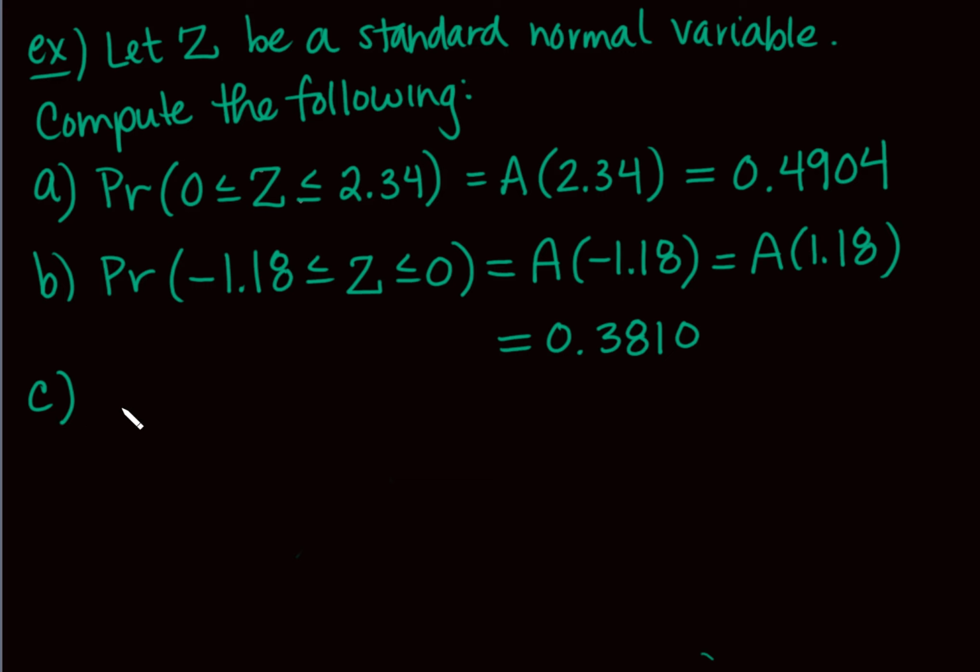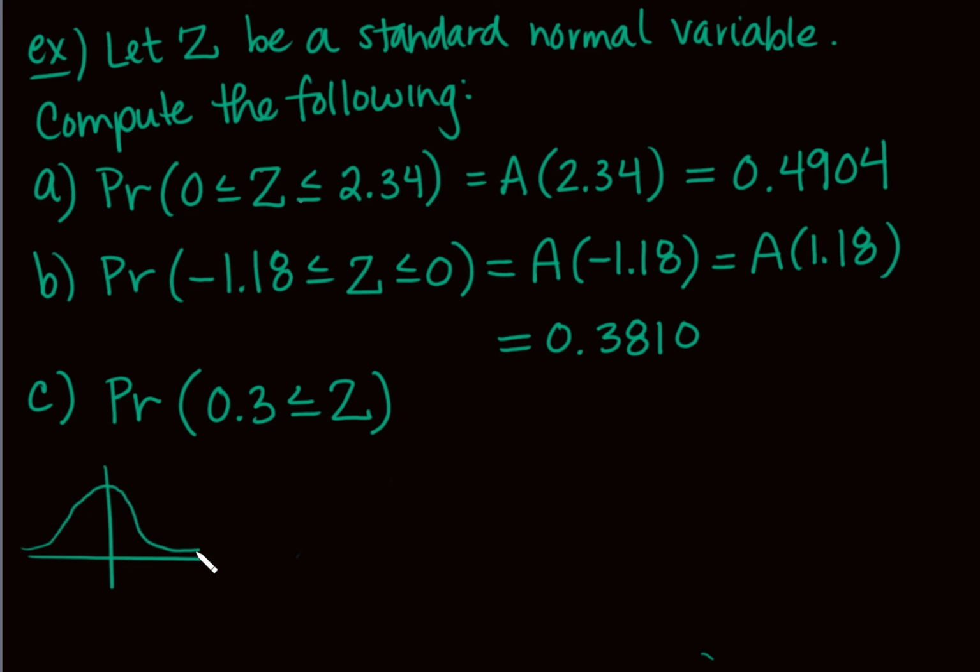So what about this one? What is the probability that Z is greater than 0.3? So this can be a little bit tricky, right? Because I want Z greater than 0.3. So if I look at my curve, and if I just draw myself a picture, a lot of times I can see what I want. So wherever 1 is, I'm going to put 0.3 right here.